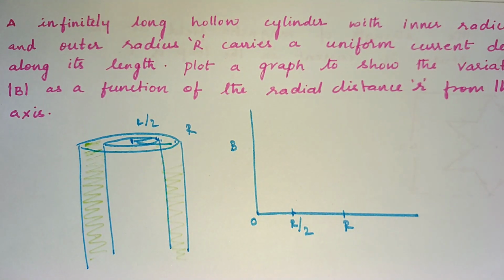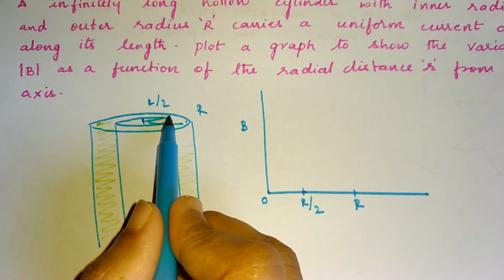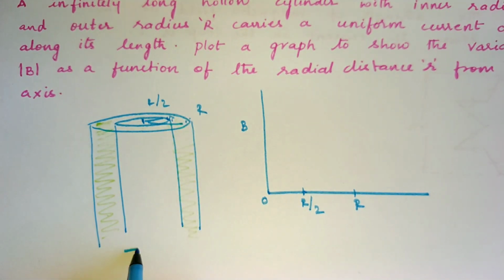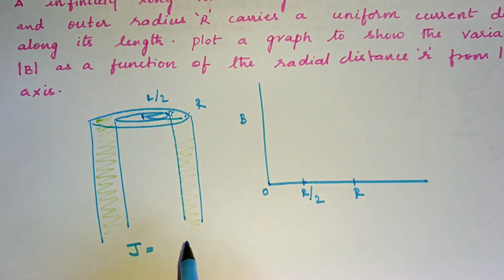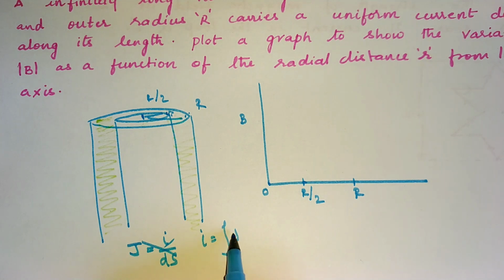How to get the current at a certain distance between r by 2 and r? J is a constant, given as the current per unit area, or you can write I is equal to integral J into ds.